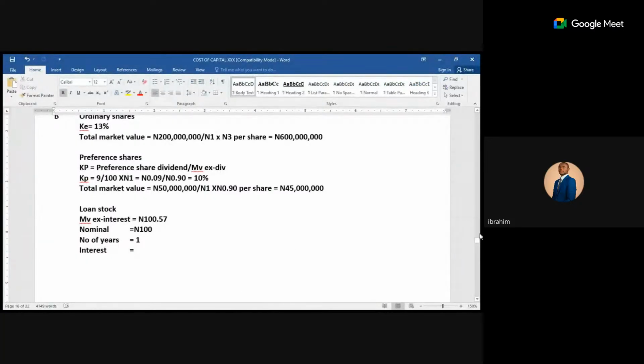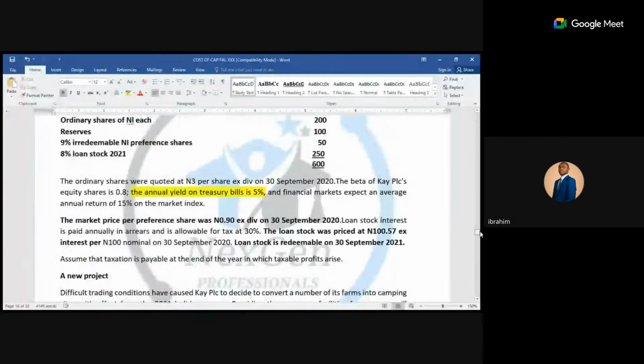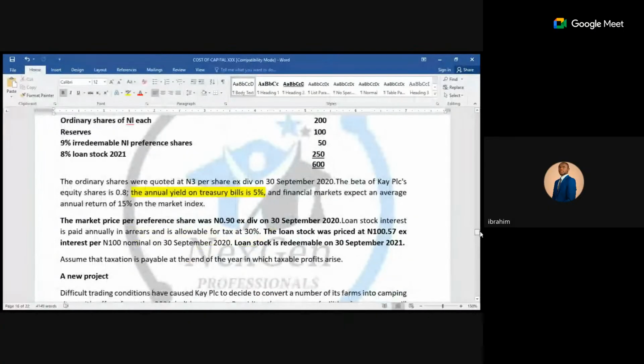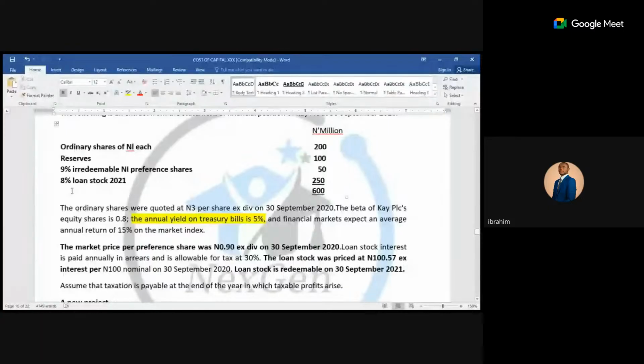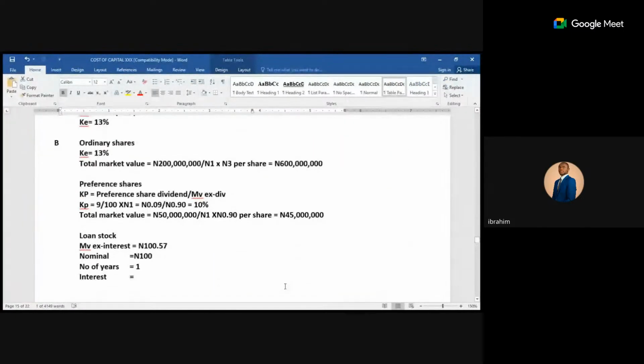Now, class, what is the interest of the loan stock? It is 8%. And there will be a tax relief on the 8%.